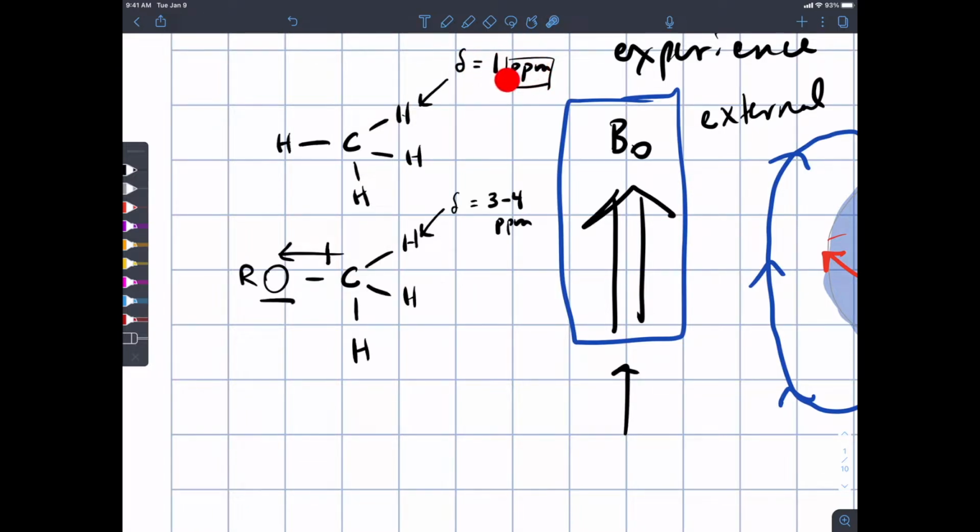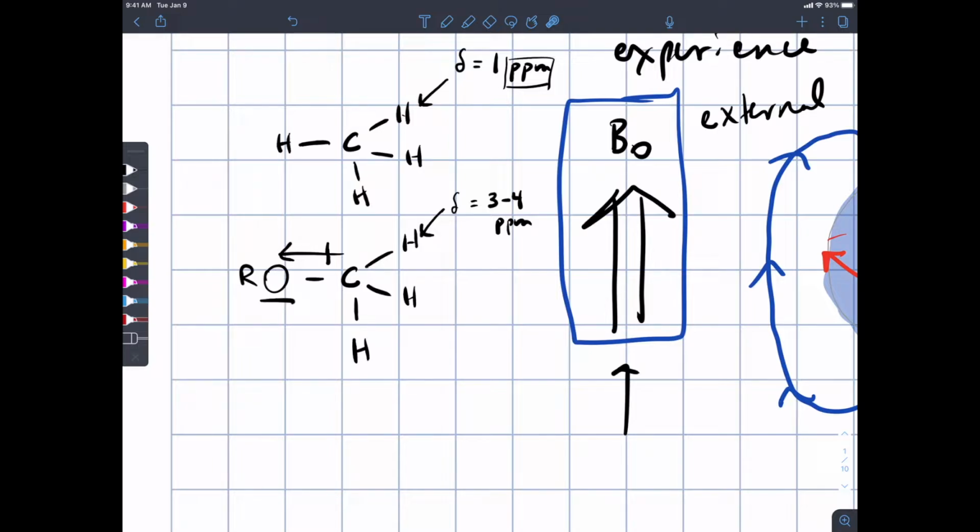Lower frequency, lower experienced magnetic field because of the shielding experienced by this proton due to the presence of nearby electrons. Higher chemical shift because it experiences a larger magnetic field because it's less shielded, because the oxygen's pulling electron density away from those protons.